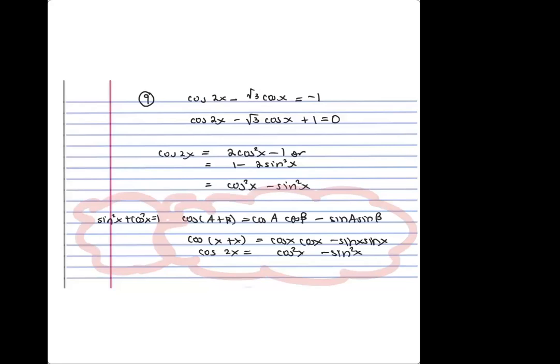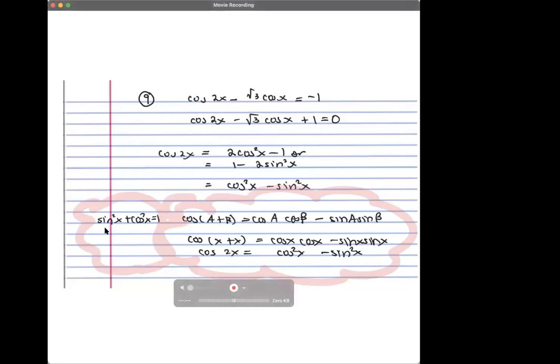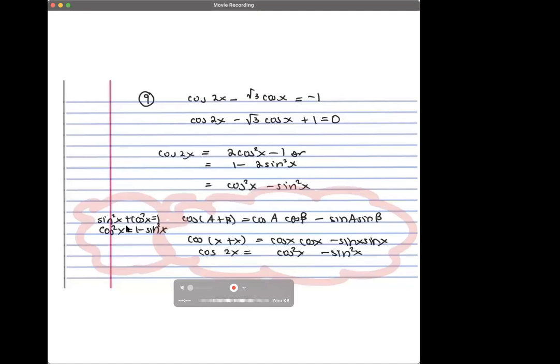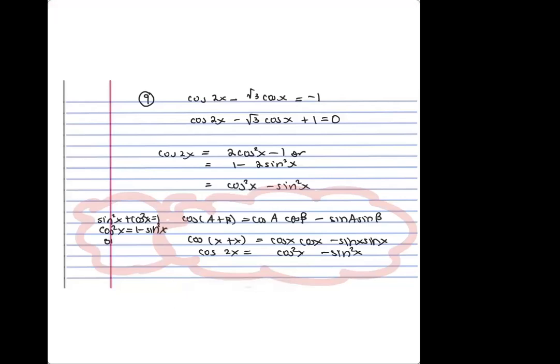And then what I'm going to say is, well, wait a moment. If that's true, what about if I subtract the sine squared from both sides? Then I'll have cosine squared is 1 minus sine squared. Similarly, if I subtract a cosine squared from both sides, then I'll have sine squared x is 1 minus cosine squared x.